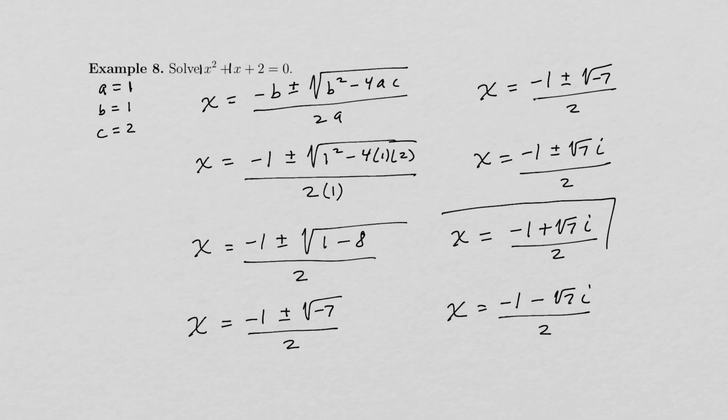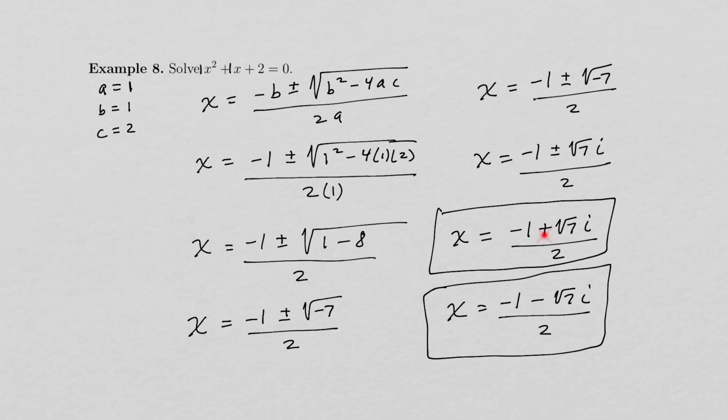Those are the two solutions. So we had a quadratic equation and we ended up with two solutions, and they end up being complex solutions. And an interesting point is, notice when they're complex solutions, they're always going to be complex conjugates of one another. See how the only thing that's changed here is the sign of the imaginary term? So these are complex conjugates of one another.